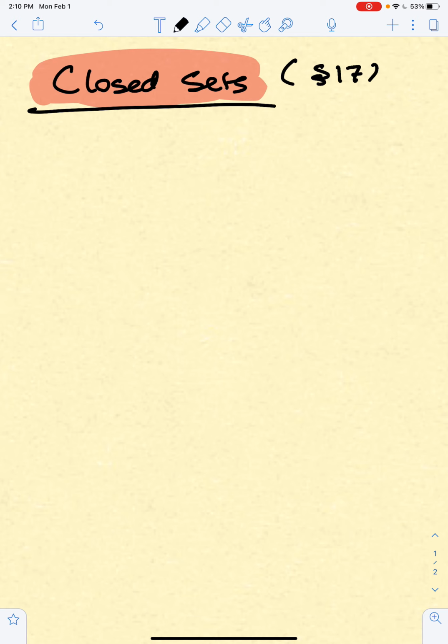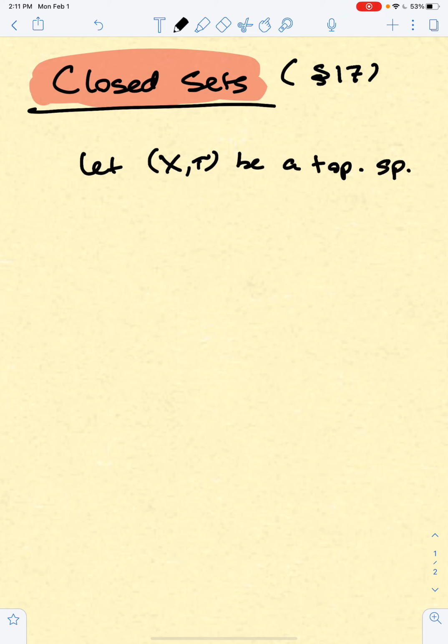So what is a closed set? We've defined open sets as these things that determine a topology on a set. Given a topological space, let this be a topological space.